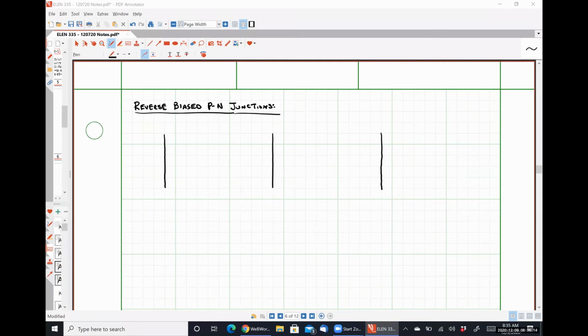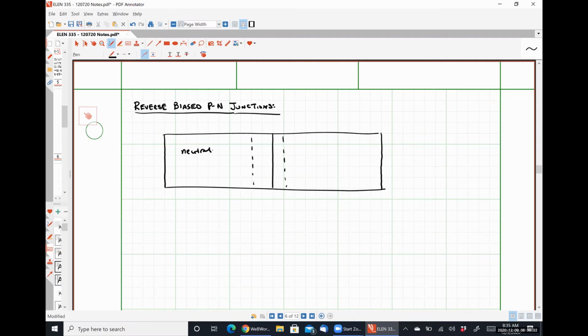All right, so we have our crystal. This is our neutral P region. Here is our neutral N region.